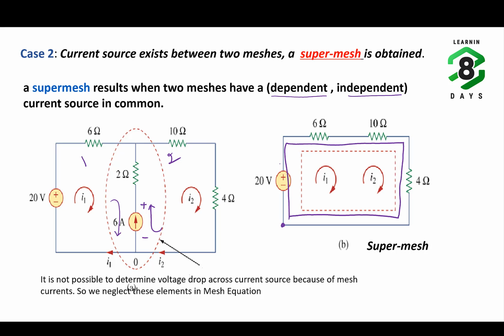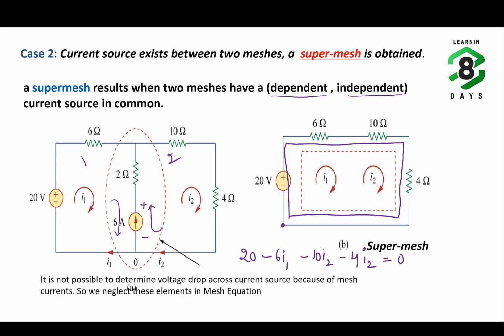First from here to here, it is potential rise 20 minus, what is the current flowing through the 6 ohm resistor? It is I1. So 6 I1 minus, the current flowing through the 10 ohm resistor is I2, minus 10 I2, minus the current flowing through the 4 ohm resistor is I2, minus 4 I2 is equal to 0.